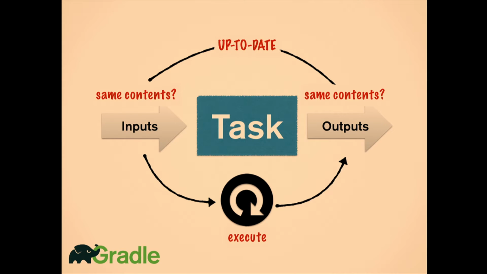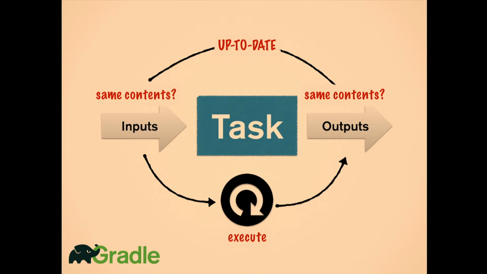And if this task was executed before, we can just look at all the inputs, look at the source compatibility level, look at the input files, the Java source files, the source class path, and see if they are the same as during the last execution of this task, right? And we can do the same with the outputs, check if the files are there on the disk and if they are the same as they were after the last time we executed this task, right?